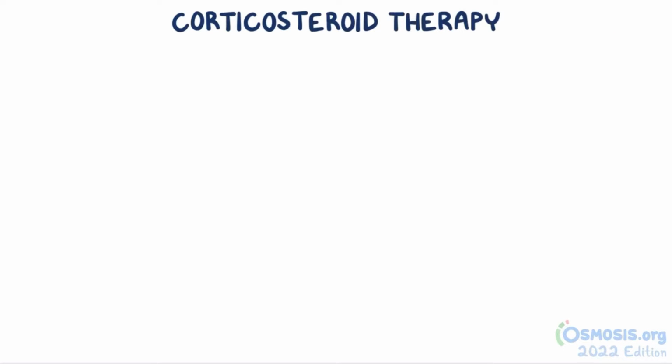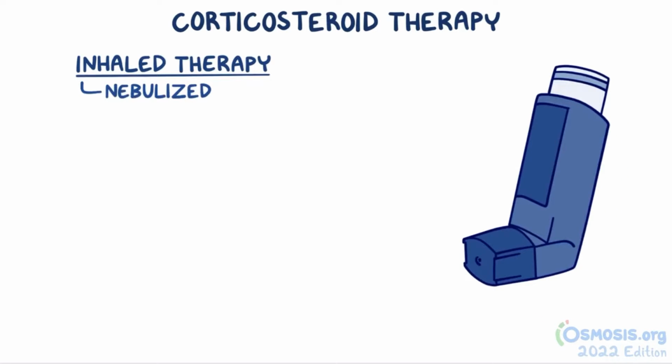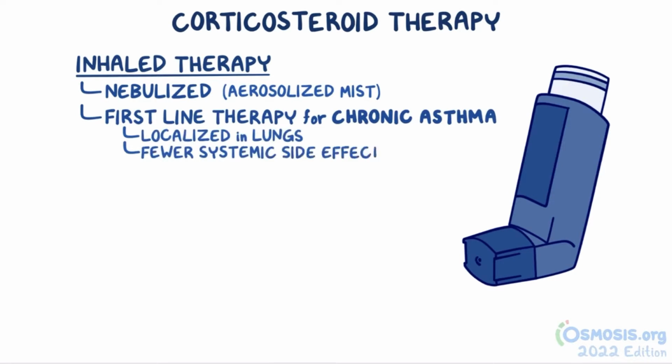Depending on the route of administration, corticosteroid therapy for asthma can be divided into 2 broad categories: inhaled therapy and systemic therapy. Inhaled therapy uses nebulized corticosteroids, which means it's an aerosolized mist. It's the first-line therapy for chronic asthma because its action is localized in the lungs, so there are fewer systemic side effects.